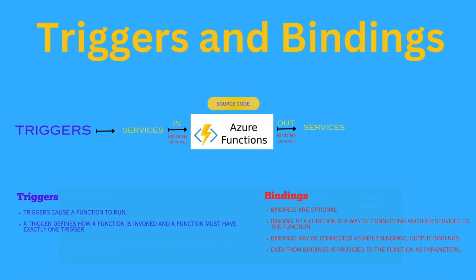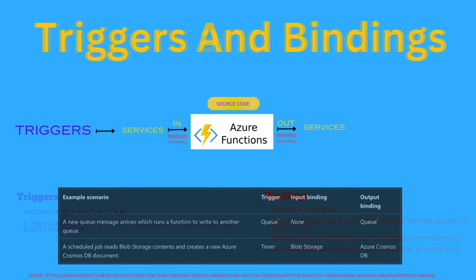The function can process this input data, and as an output, it can provide a set of data to the output bindings or to other Azure services. As I said earlier, the data from the binding is provided to the function as parameters.